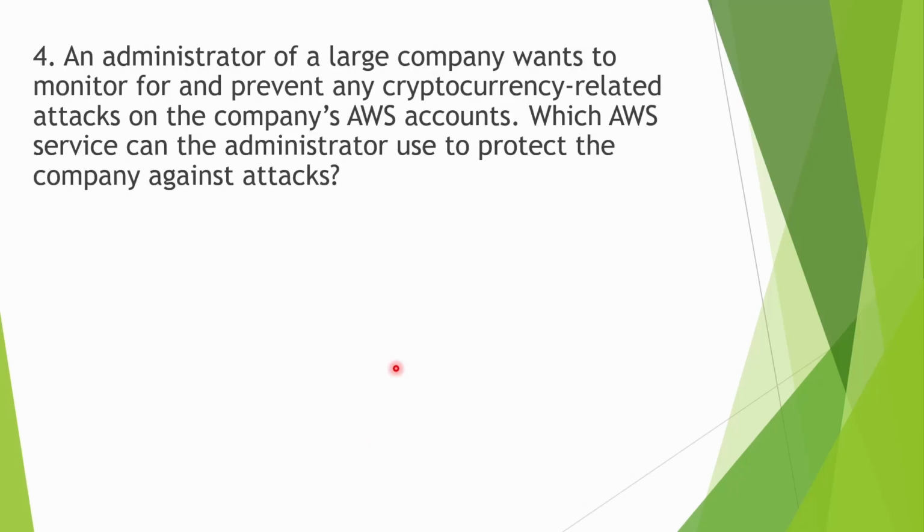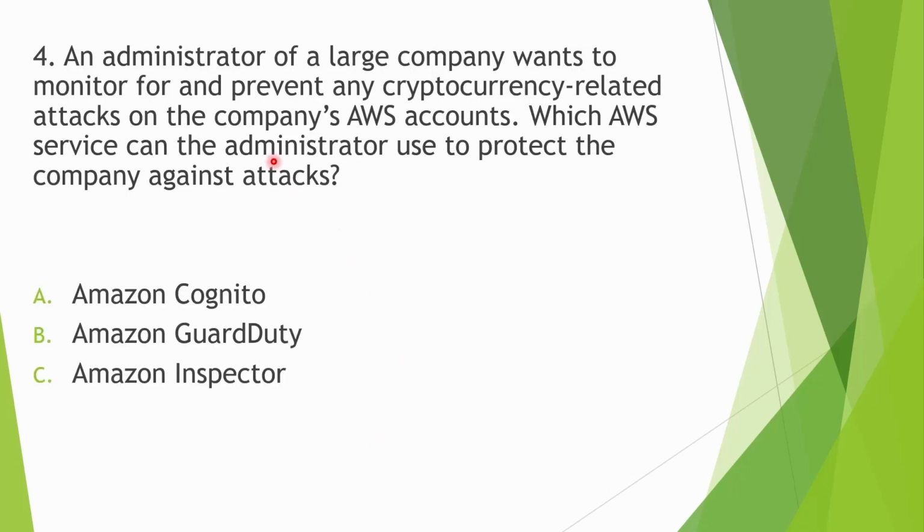Next, an administrator of a large company wants to monitor for and prevent any cryptocurrency-related attacks on the company's AWS accounts. Which AWS service can the administrator use to protect the company against attacks? So now let's see one by one. What is Cognito? Cognito is not related to attacks.